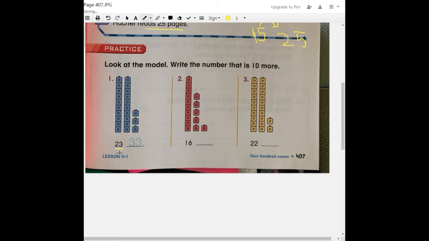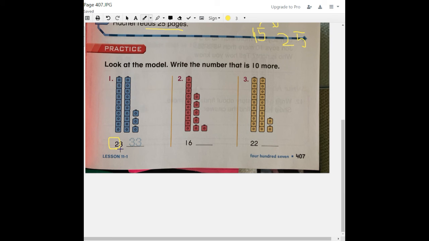And what's 10 more? Now I'm not going to count by ones from 23. What number are we changing? Very good, the tens place. So now we're adding 10 more, so we're adding one more 10.